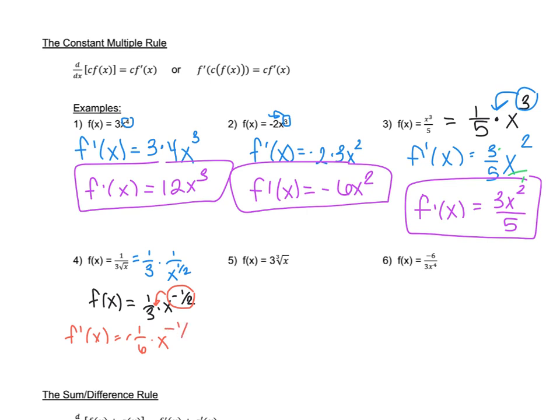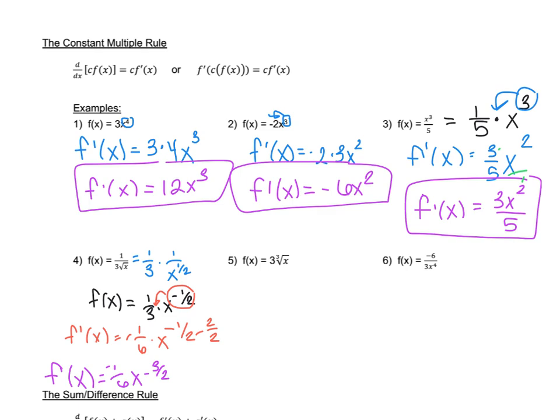So negative 1/2 minus 1, so I'm just going to write 1 as 2 over 2. This would give me a derivative of negative 1/6 x to the negative 3/2.